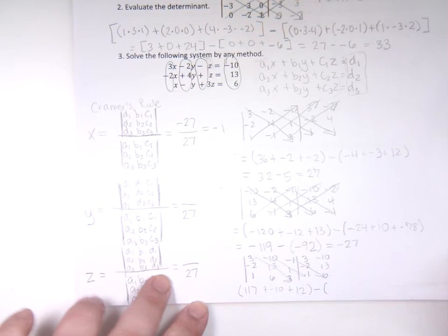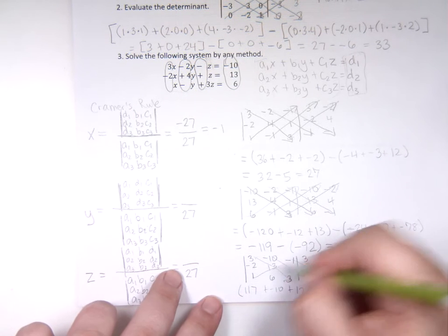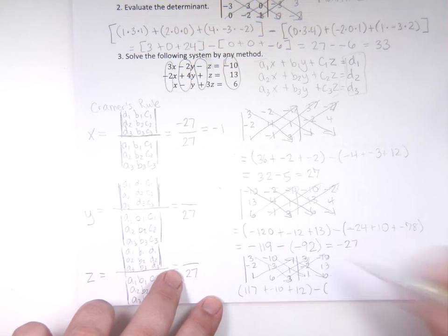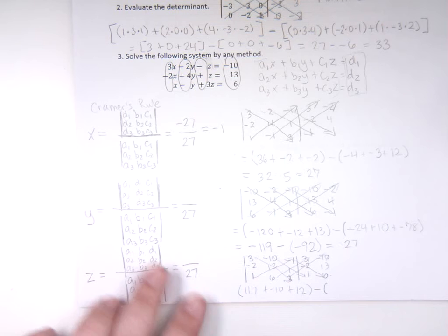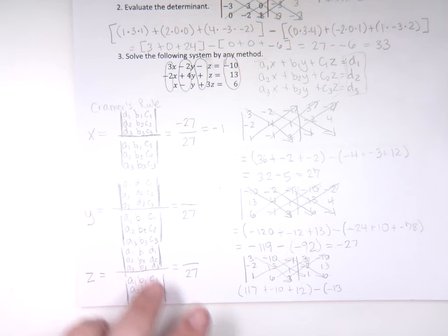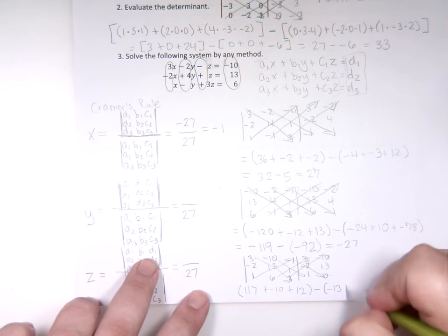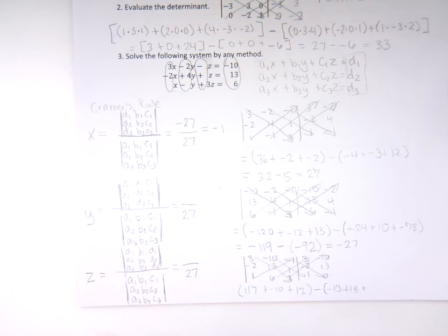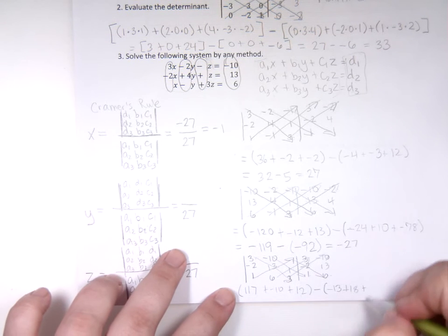Minus sign in the middle. Now we multiply up the diagonals. 1 times 13 times negative 1 is negative 13. And 6 times 1 times 3 is a positive 18. And then 3 times negative 2 times negative 10 is a positive 60.